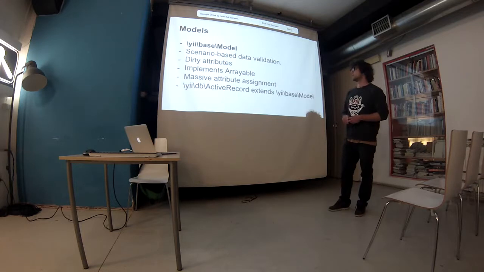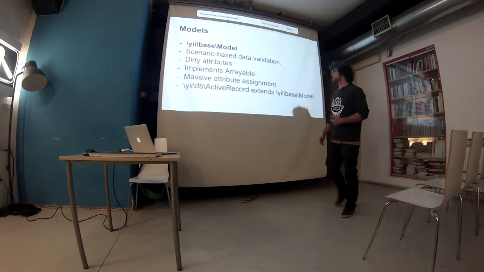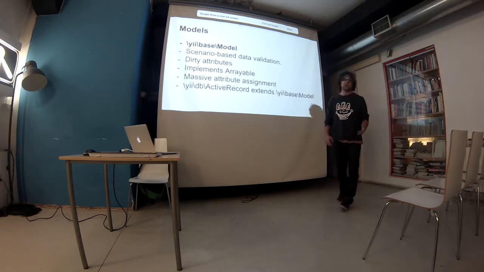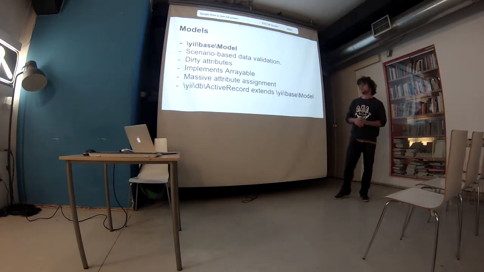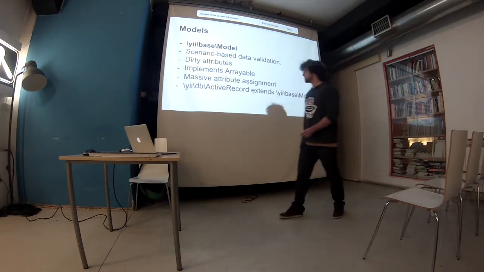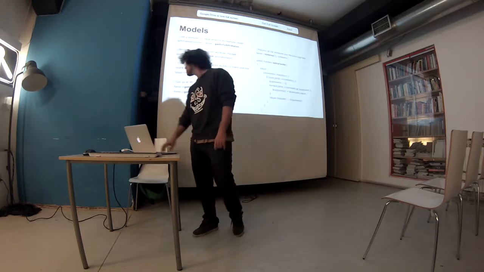It implements the arrayable interface, which can be a pretty useful, neat tool if you're handling large amounts of data and you want to preserve your memory and make things go faster. It supports massive attribute assignment, which was supported in Yii 1 as well, but the syntax has been changed and I didn't know what the crowd is going to be, so I wanted to mention it. And lastly, it's extended by the active record class.